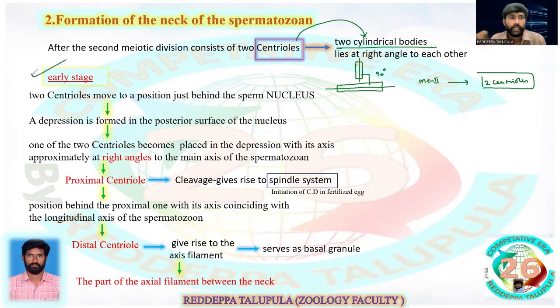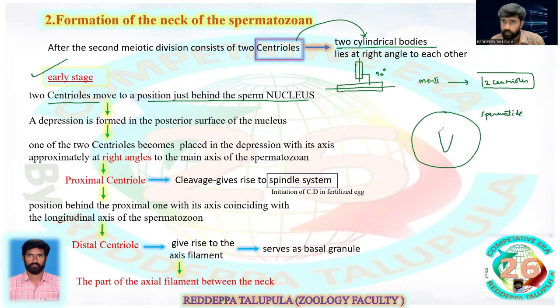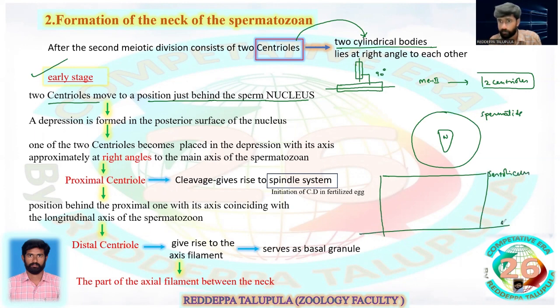Next, during the early stage, two centrioles move to a position just behind the sperm nucleus. See, let us assume this as a spermatid. Here is the nucleus. Here are the Sertoli cells, and here is the basement membrane.